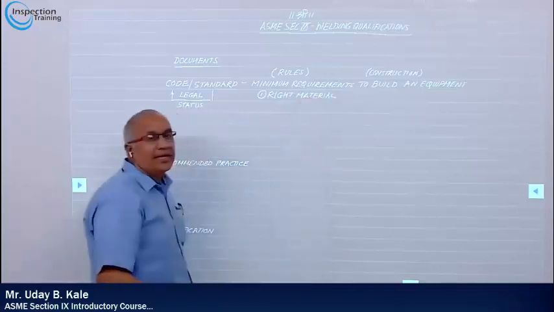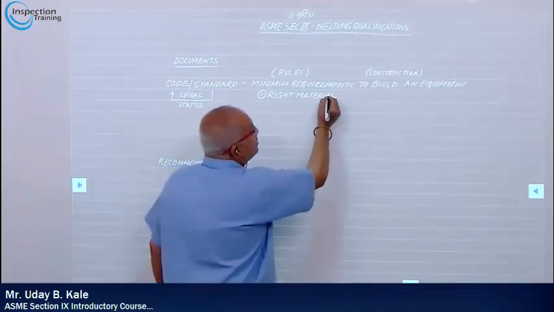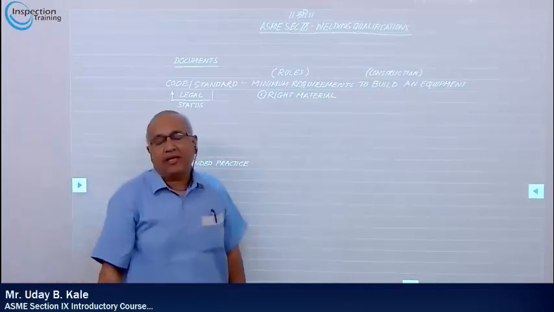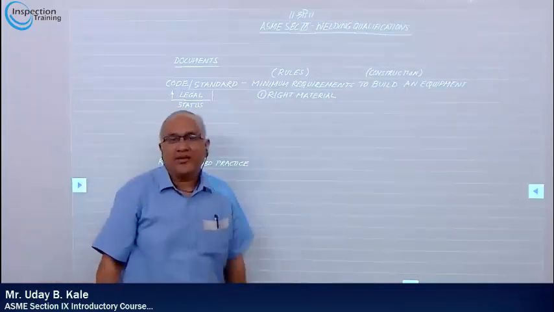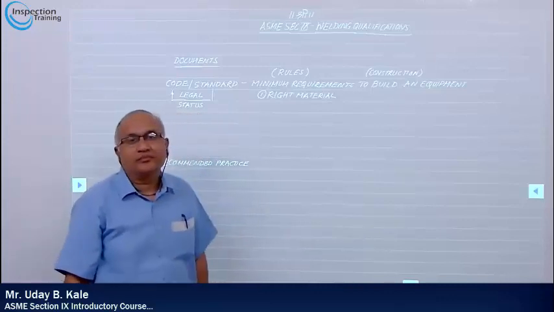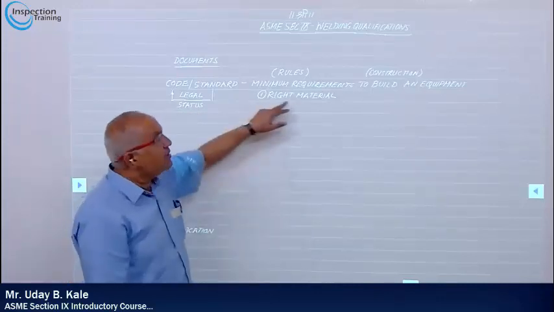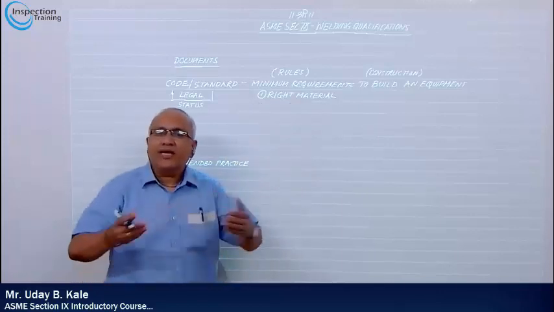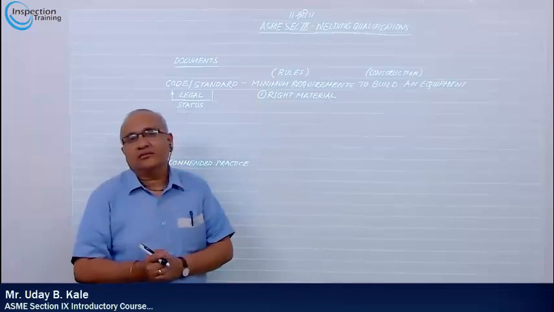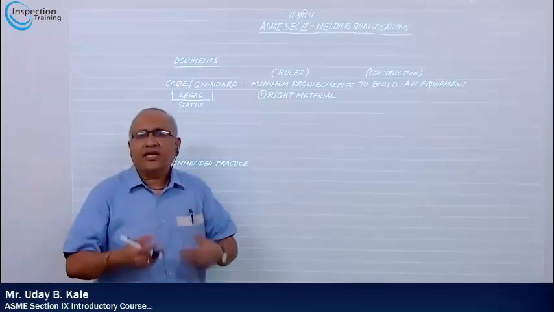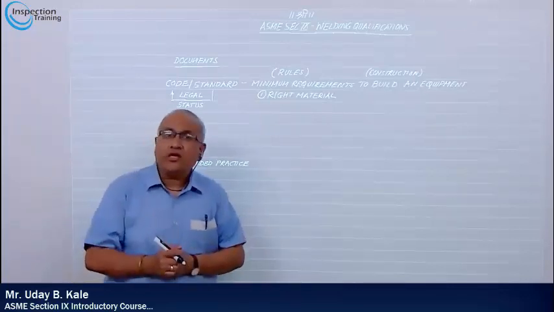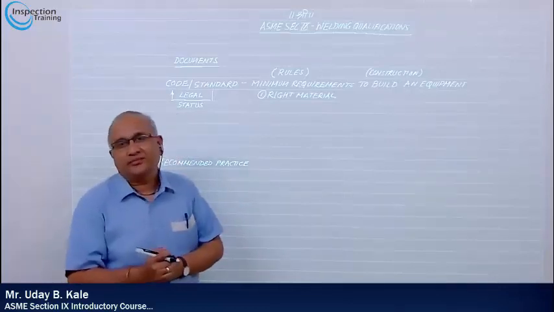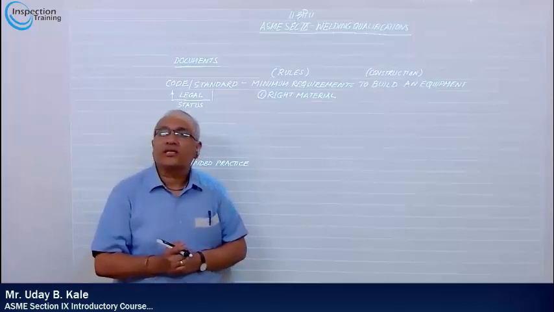What is the material that you can use for building this particular pressure vessel or piping or a storage tank, for example? I'm talking about right material. There are many varieties of materials, but all materials are not useful for building a pressure vessel or a piping system or a storage tank.